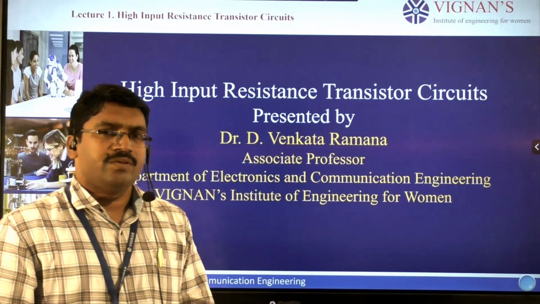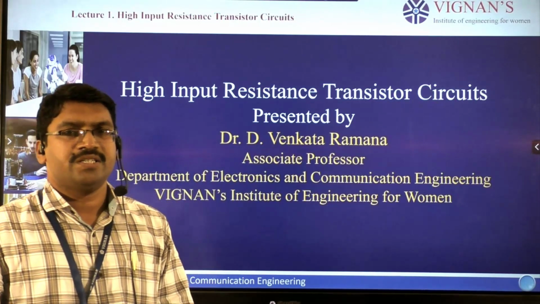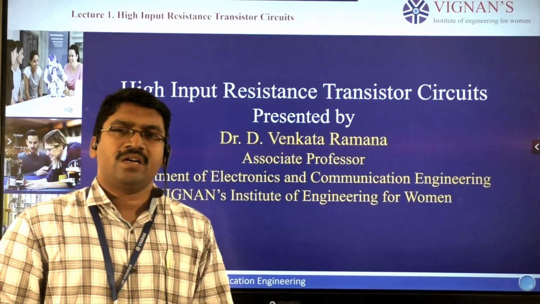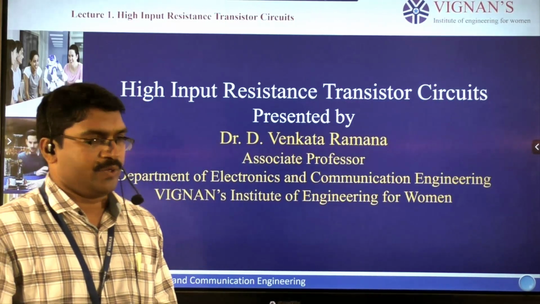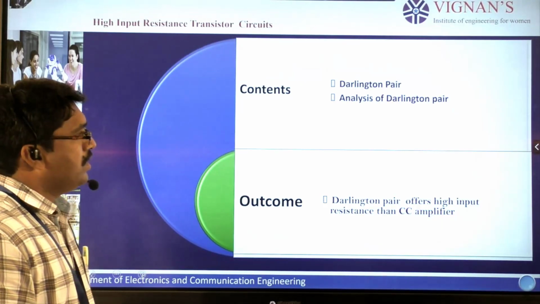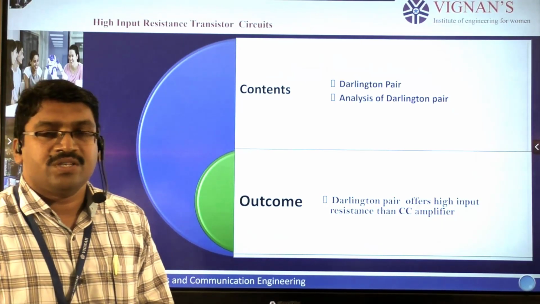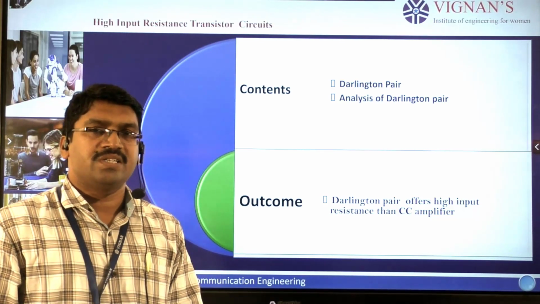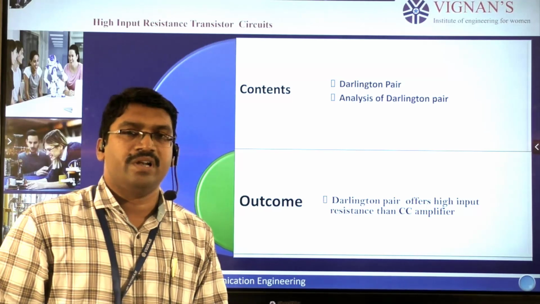If you want to get more resistance than CC configuration, there are some alternate circuits. In that, the first one is the Darlington circuit. Today I want to discuss what a Darlington pair is and how to find the input resistance and overall current gain of the Darlington circuit.